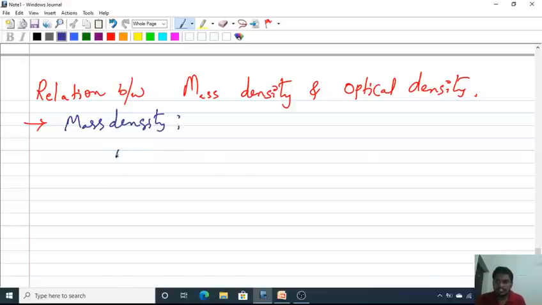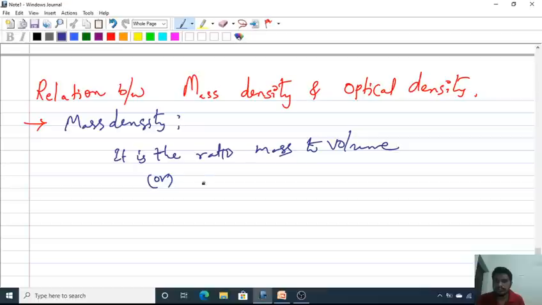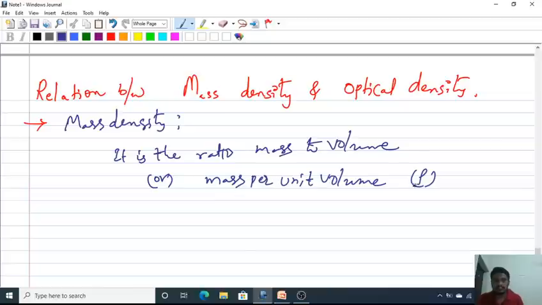Mass density is the ratio of mass to volume, or mass per unit volume. Mass per unit volume is called mass density, represented by rho. Now, what is optical density?